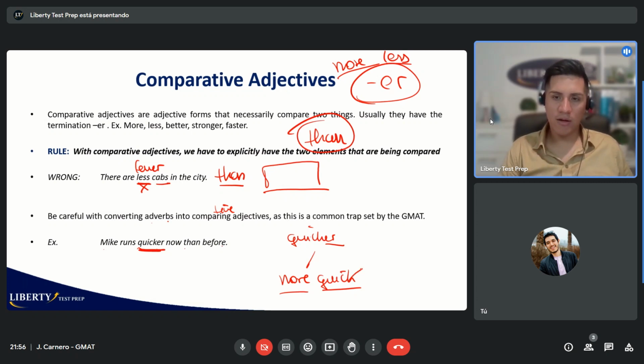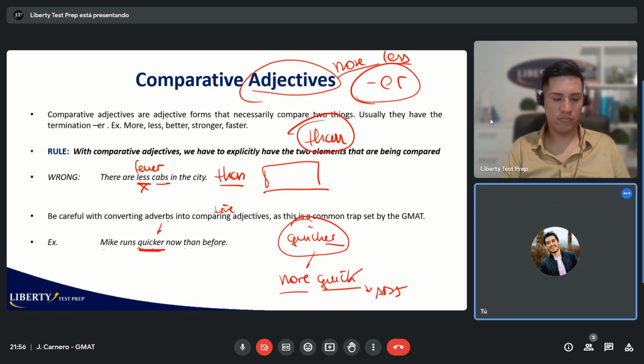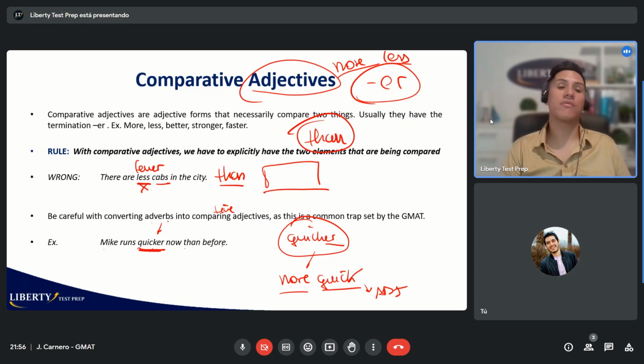Quick is an adjective. So this quicker ends in er, that's also an adjective, right? Or maybe they wanted to use an adverb. That's an adverb, right? Quicker should be an adverb, or not? More quickly, right? It should be more quickly.